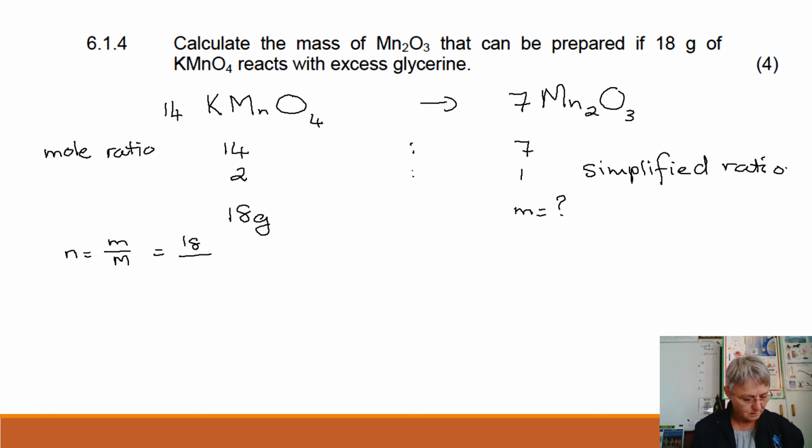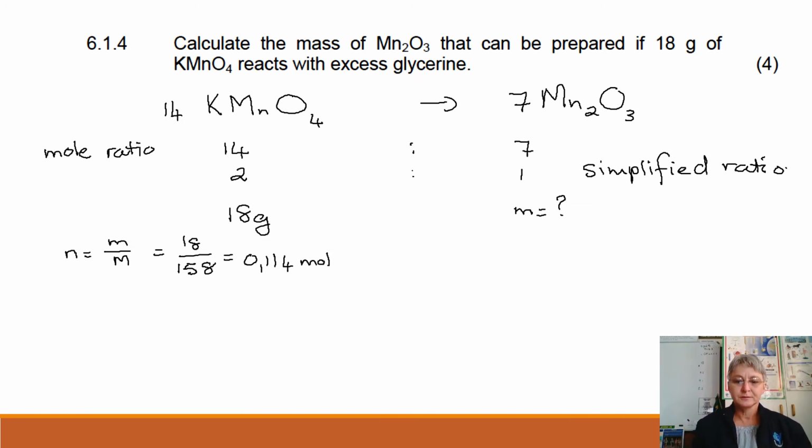Potassium is 39, manganese is 55, and we've got 4 oxygens. 4 times 16, that gives us 158, and 18 divided by 158 is 0.114 if I round to 3 decimals, because after the 3 there's a 9.